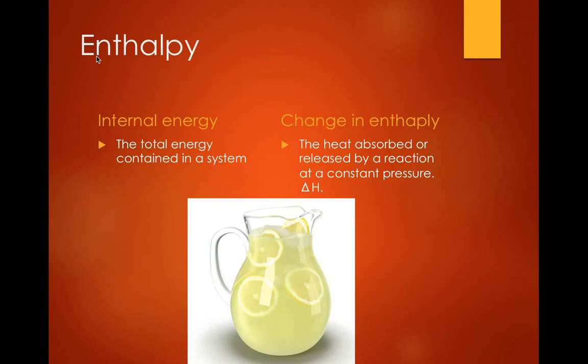Okay, so we've talked about systems and surroundings and energy and collisions, but now we're getting into real thermochemistry. We're going to talk about enthalpy. What? Enthalpy is, we're just talking about energy. Where is it going? Where is it flowing? So internal energy is the total energy contained in a system. It's inside. It's internal. It's in the system.